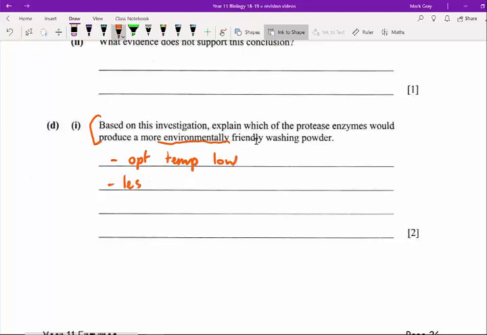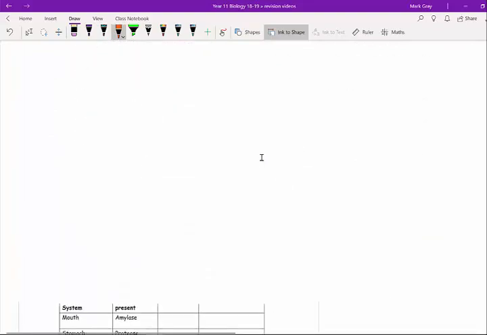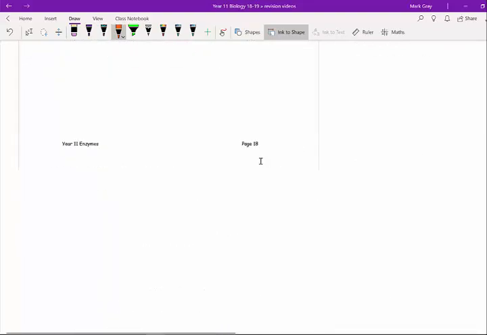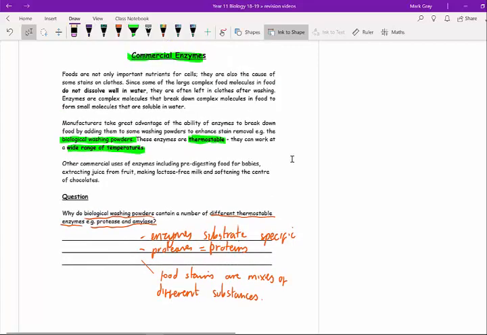That means that we need less energy to heat the water. Okay, so that's one of the main reasons why they'll put enzymes into washing powders. It is because if they put enzymes in washing powders, it can break up food stains, especially if they don't dissolve well in water.